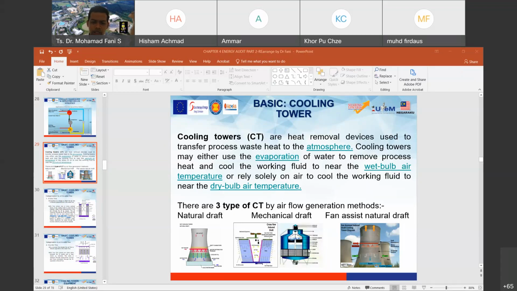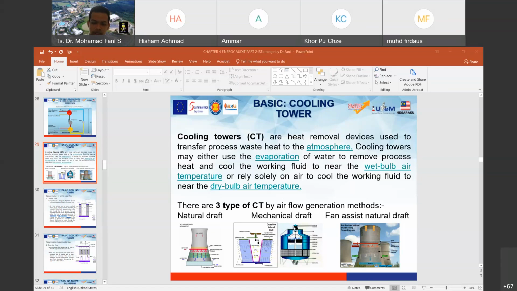Okay, there are three types of cooling tower, called CT, by airflow generation method. First, natural draft. Most of this type is used in nuclear power plants. The very common type for the chiller system is number 2, mechanical draft, which uses a motor to drive the fan.